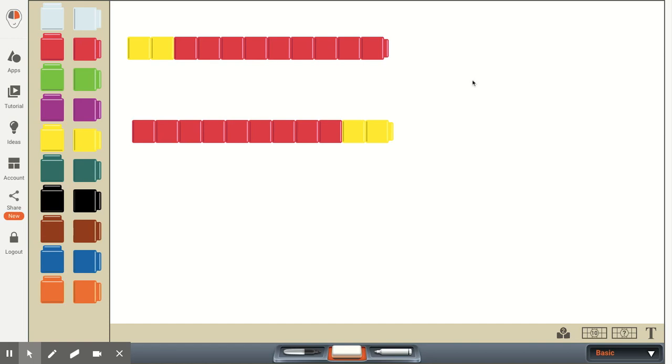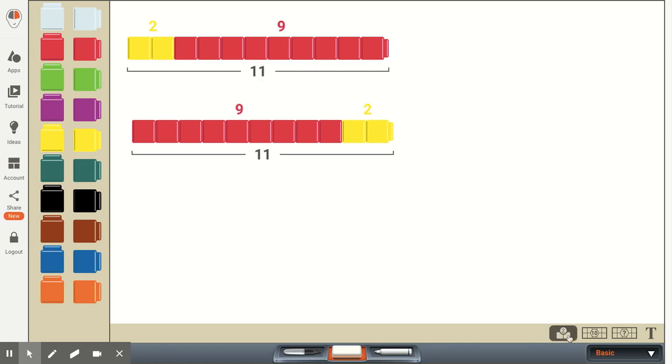So for this example here, what we have is two yellow unifix cubes or two yellow linking cubes and 9 red ones. And it shows that 2 plus 9 equals a total of 11 cubes.